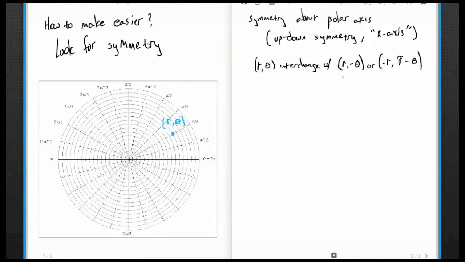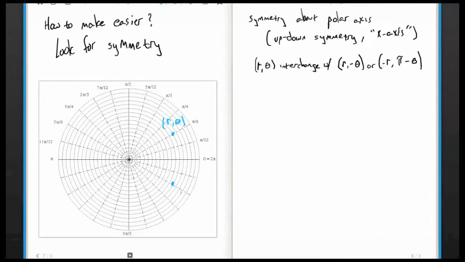Well, if it's symmetric about the x-axis, that means I could go to the same r, but a negative theta. So this is theta here, but if I go to a negative theta, that means instead of the counterclockwise direction, I'm going to go the clockwise direction. So the same r, so I'm staying along this line, but I go down to here.